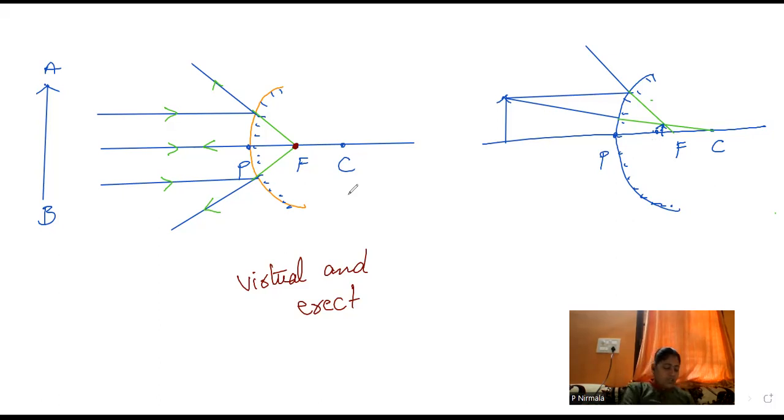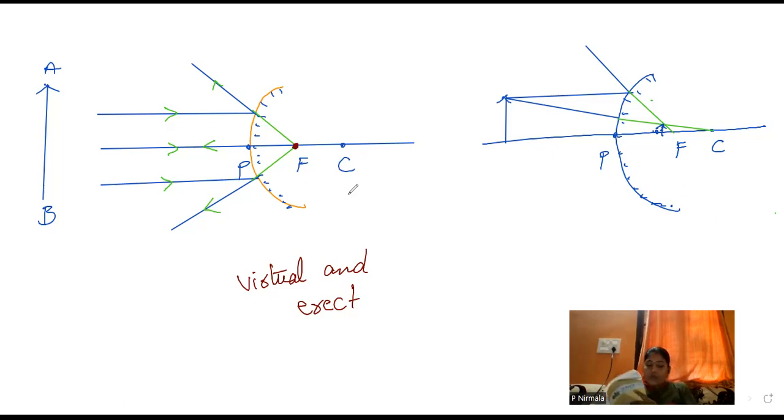Next, what are the uses of the concave mirror? Many times they ask this. Concave mirrors are used in torches. In the torch light, the front mirror is concave because the light is incident on the cave side. You are looking at the behind of that mirror.